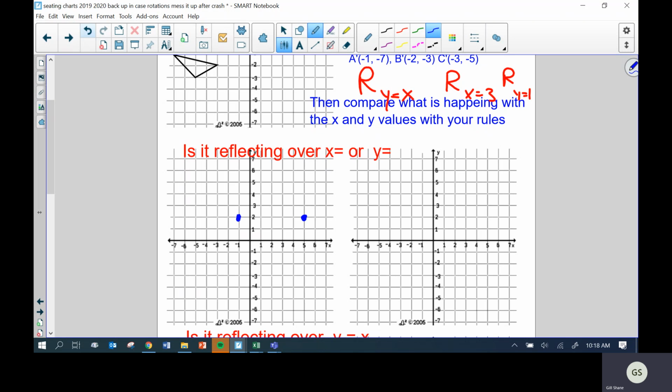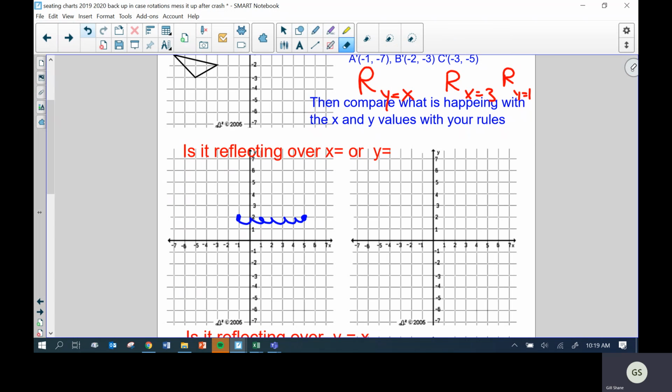Because if I reflect it over a vertical line, that's just going to flip it straight left or right, which would work. I just have to figure out what is the line to flip it over. I need the line that is right in the middle of those 2 points, because I need to be the same distance from that line. Well, I can count my spaces: 1, 2, 3, 4, 5, 6 in between. So what's half of 6? Well, 3 is half of 6.